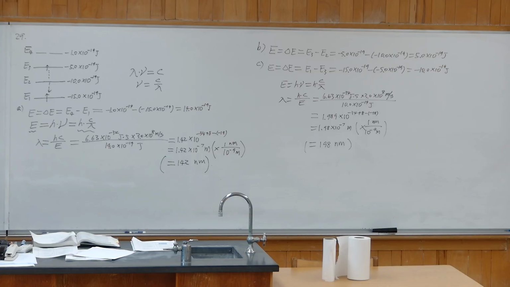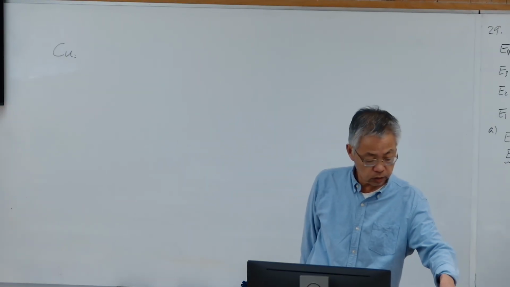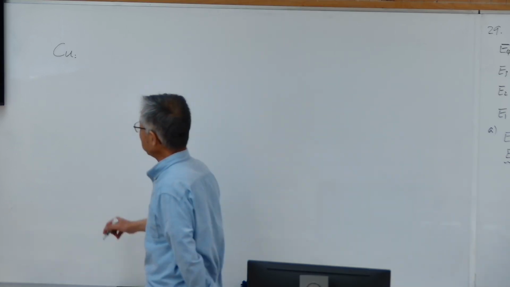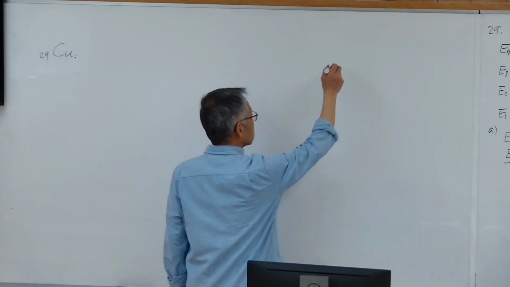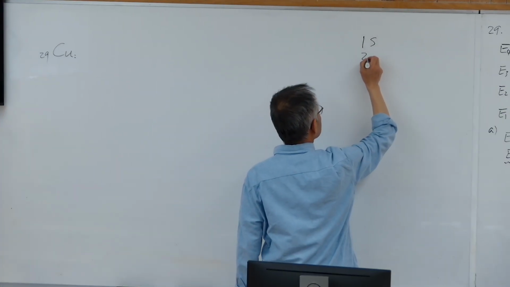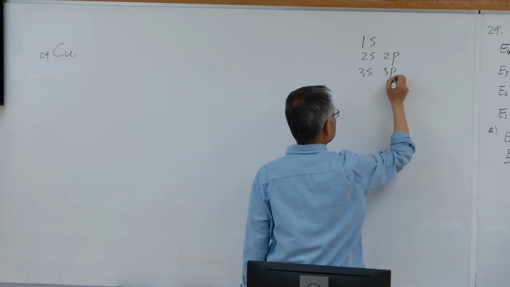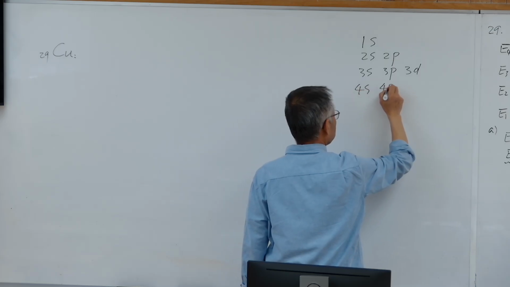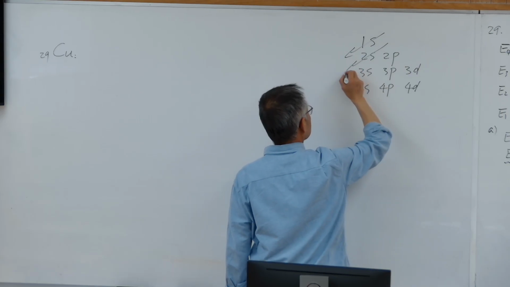With the help of the periodic table, we know copper has 29 electrons. Then from this chart, 1s, 2s, 2p, 3s, 3p, 3d, 4s, 4p, 4d. This is the order to fill electrons in these orbitals.